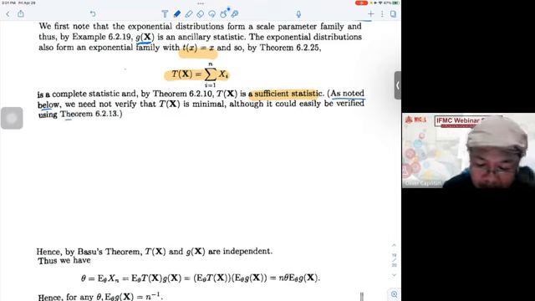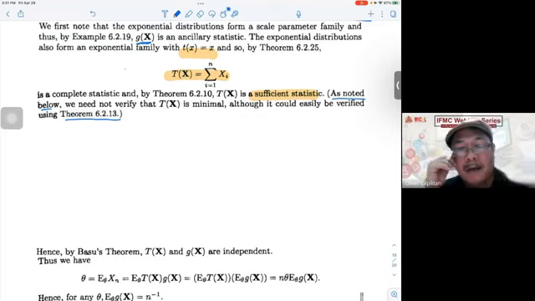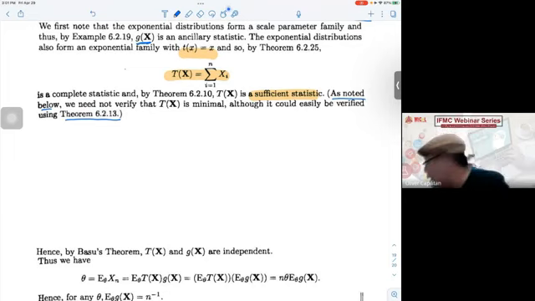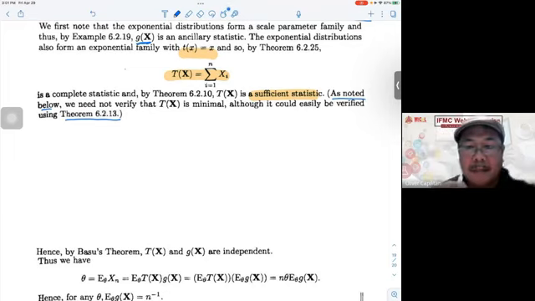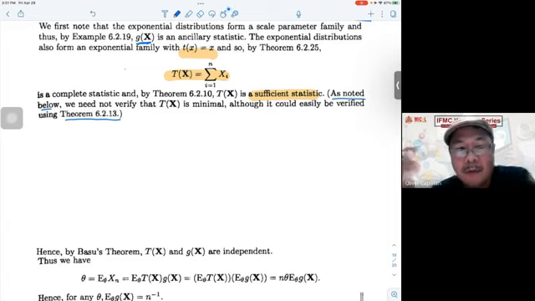Ano itong theorem 6.2.13? Meron tayong ratio of PDFs given the two samples x and y. And this ratio of PDFs is independent of the parameter theta if and only if t of the sample x is equal to t of the sample y. Okay?